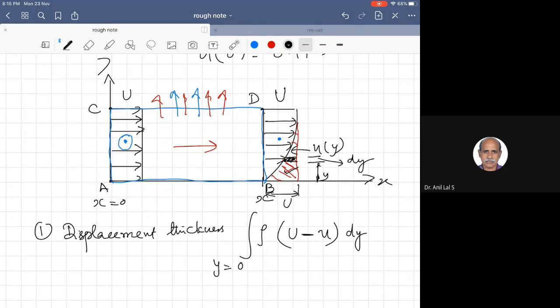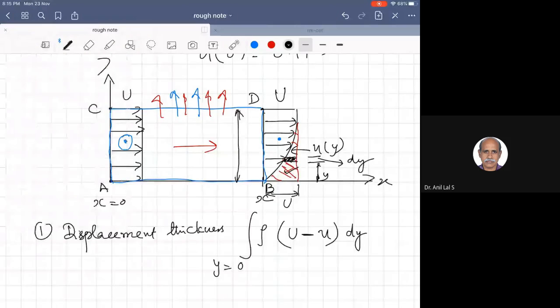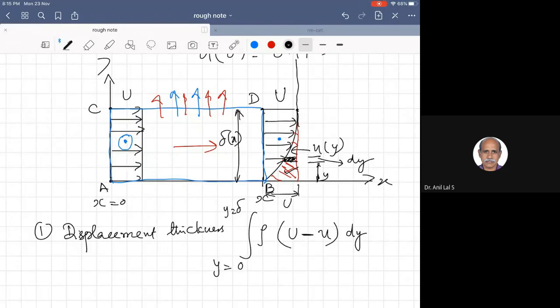What is this height? This height is denoted as delta, for this particular x. So you can integrate up to y equal to delta, or even if you integrate beyond, to any value of y, there is no addition of area.